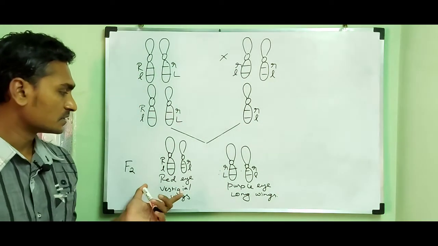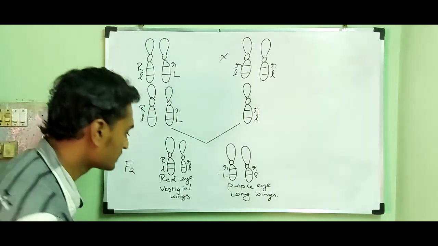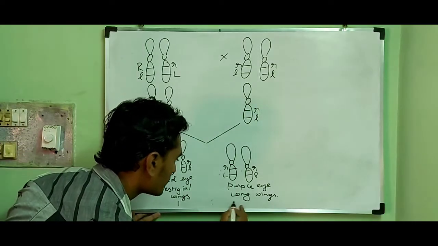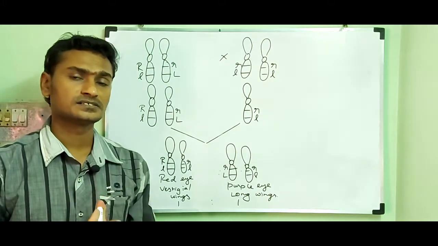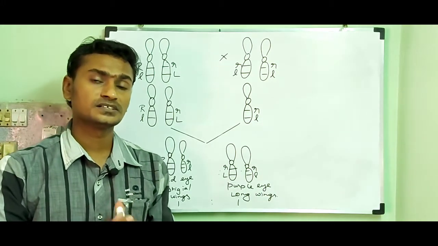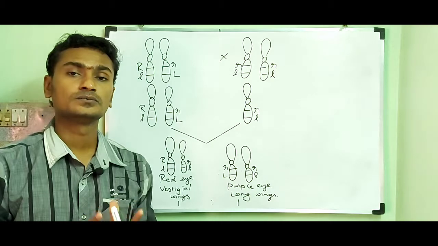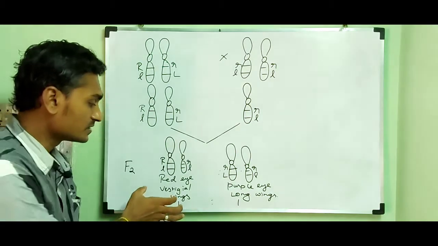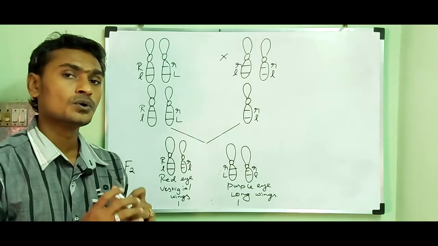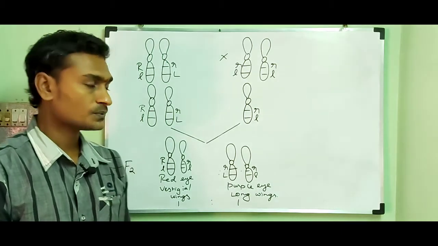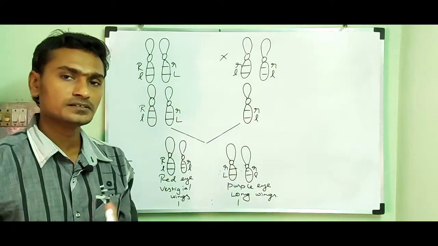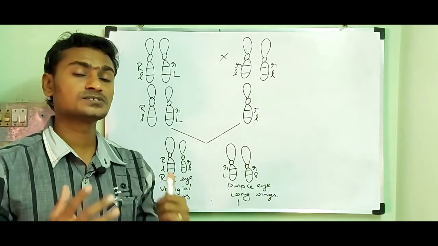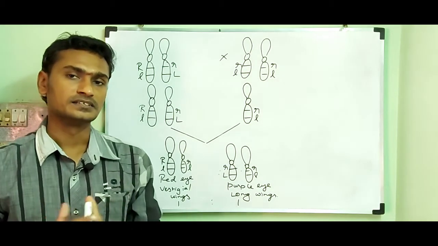Here the phenotypic ratio is 1:1. In a normal dihybrid test cross, the phenotypic ratio is 1:1:1:1. But here it shows the phenotypic ratio 1:1 due to the absence of crossing over in the male Drosophila, and it shows the complete linkage.